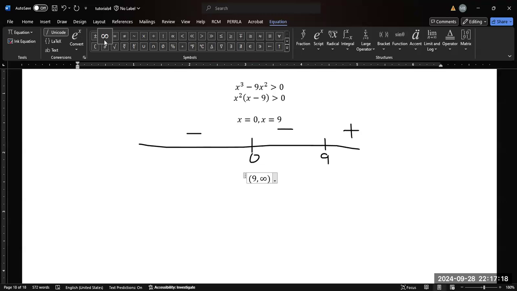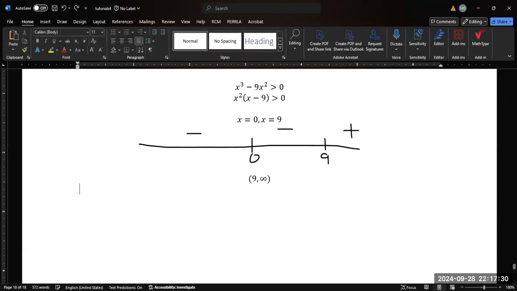Now, if this was equal to 0, then I would have to include the point where it was also 0.